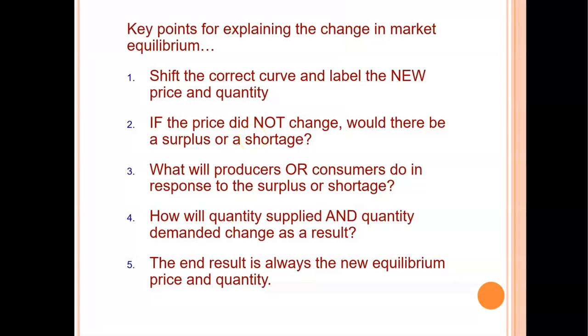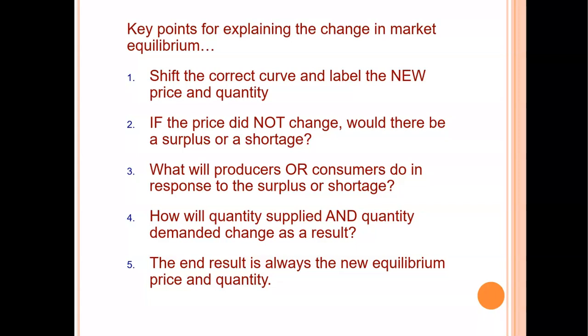So key points for explaining the change in market equilibrium. Usually you shift the curve, find the new price and quantity, and then in your explanation, point 2, you start off by saying, if the price did not change, is there going to be a surplus or a shortage? Okay. If the price did not change, what's then going to happen for producers or consumers in response? It's pretty simple.